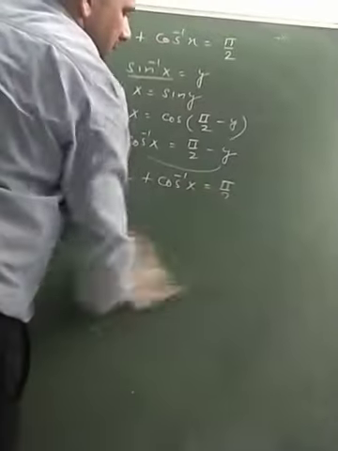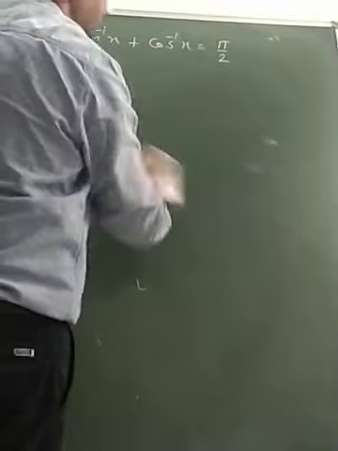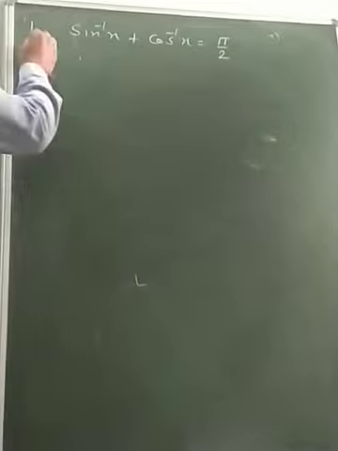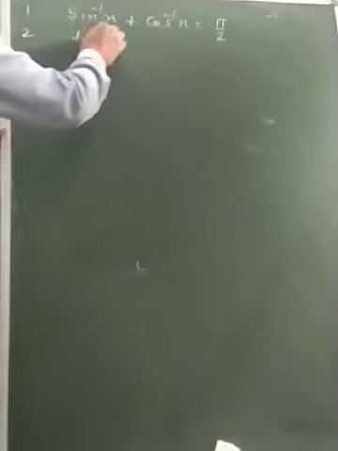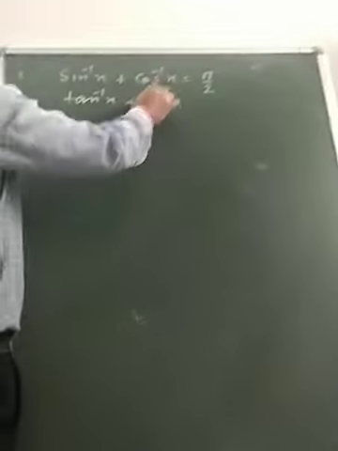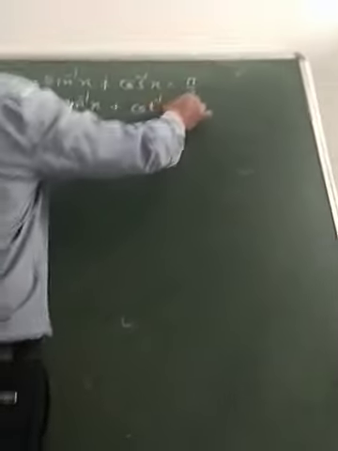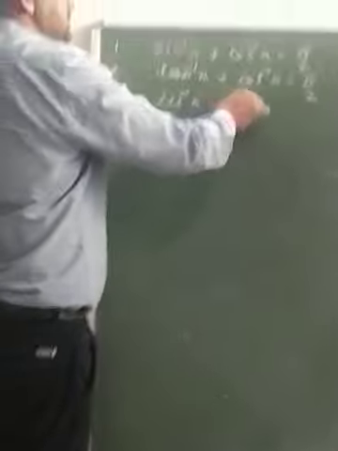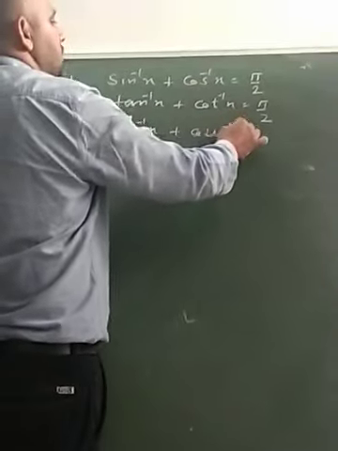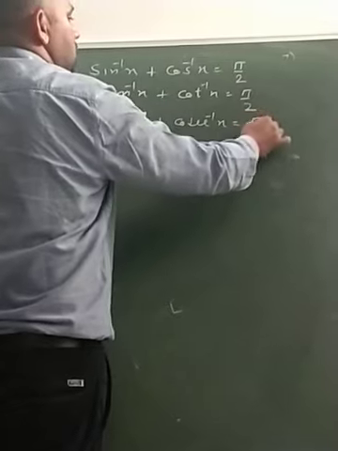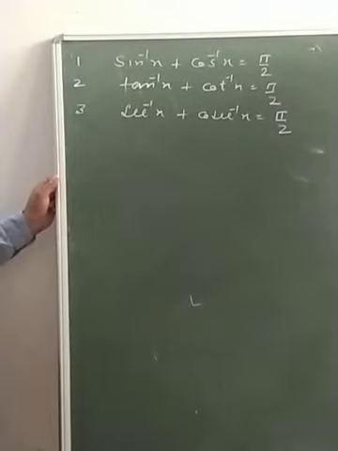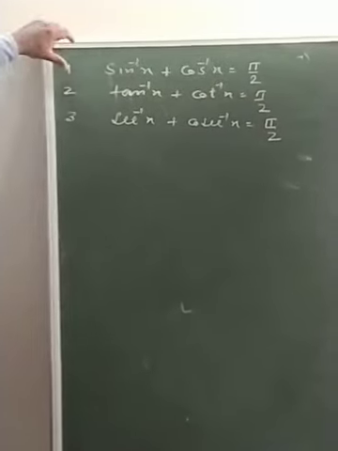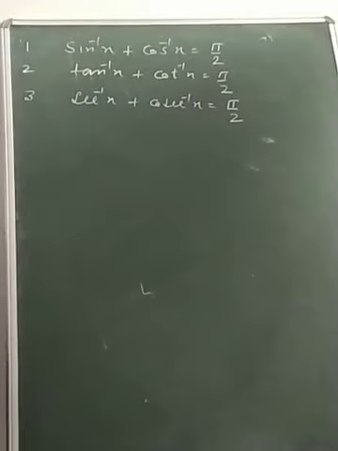Similarly, the next properties you can prove also. Tan inverse x plus cot inverse x is pi by 2. Secant inverse x plus cosecant inverse x is also pi by 2. So these 3 properties you can make into 6.